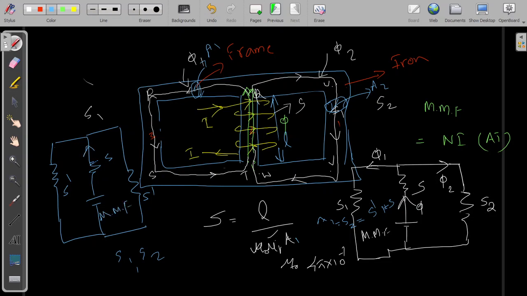Here, let us say this is phi total, the flux. Then this phi total will divide equally, that is phi 1 and phi 1 again. So phi total will be equal to phi 1 plus phi 1, that is 2 phi 1. So that will be the difference.